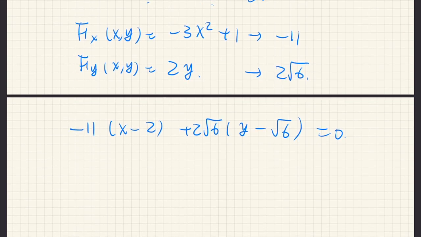So let's simplify this. We have negative 11x plus 2 square root of 6 y, and let's see, 2 times 6 is 12, plus 22, that is plus 10.